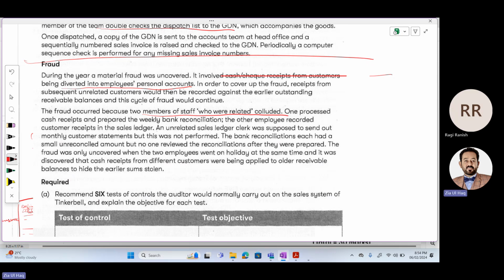So the cash receipt, the other employee is adjusting to the previous receivable. And the person who is preparing the bank reconciliation, he is showing it over there as reconciling items. What could be the issues in bank reconciliation? Uncredited cheques, unpresented cheques.